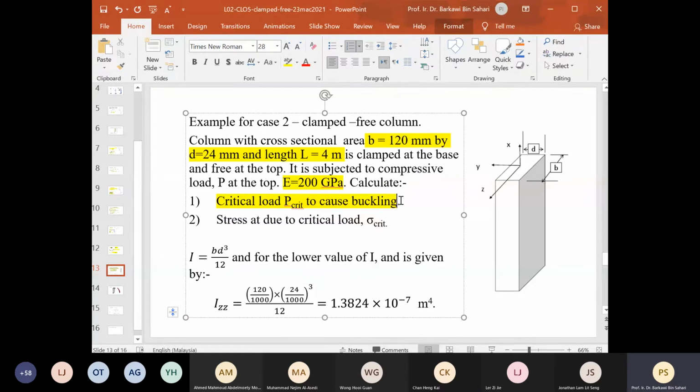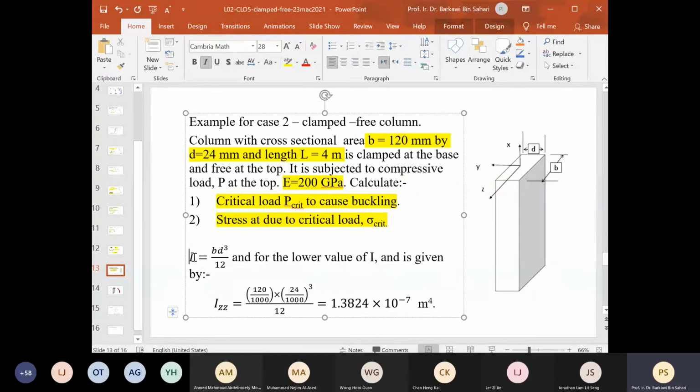Number 2 is the compressive stress due to critical load, sigma critical. These are the two main criteria for fail-safe design. One, it should not buckle at all, and number 2, it should not yield under compression. So P critical takes care of not buckling, and sigma critical takes care of not yielding.